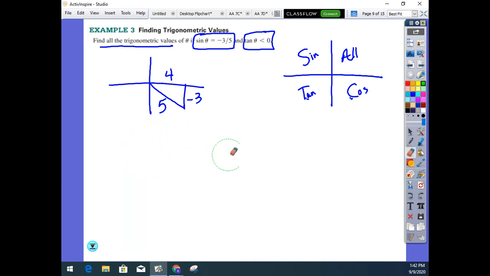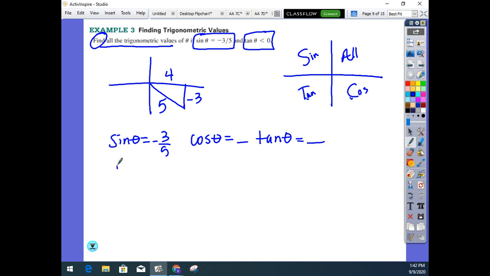So to find all the other trig functions, I'm still going to write this out, and I'm going to show you why. I always write sine theta, cosine theta, tangent theta, and then underneath I do the reciprocals. Cosecant theta, secant theta, cotangent theta.